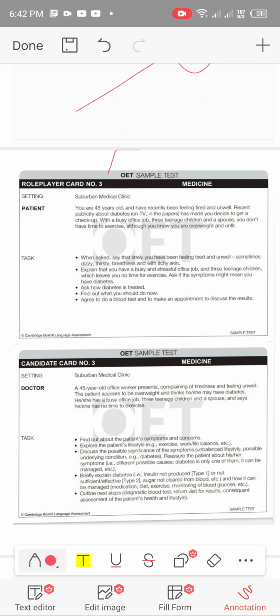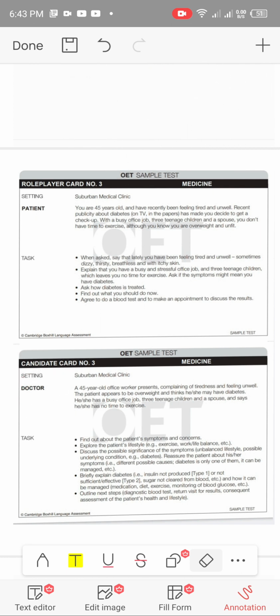But he knows your cue card too, because he has to correlate the two. So he knows your cue card as well as his own, but you only have your cue card. That is the doctor's cue card, or a pharmacist's cue card, or a nursing cue card.